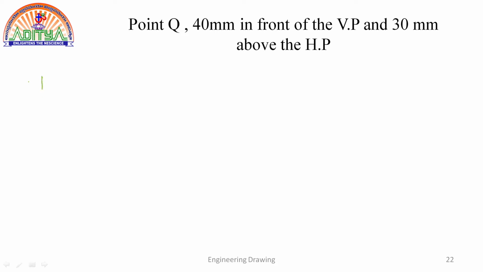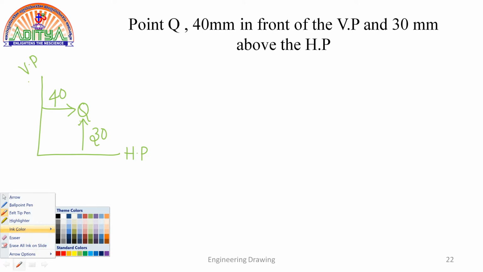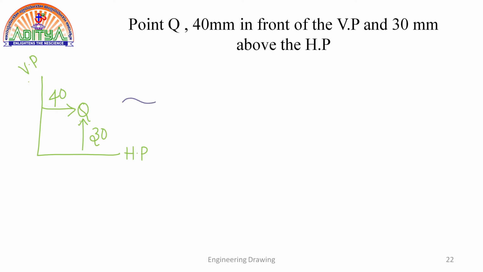So, this is the horizontal plane and this is the vertical plane, and point Q is 30 above HP and 40 in front of VP. Now, if you are seeing this point Q from the front view, the front view of the point Q is projected on the vertical plane, isn't it?